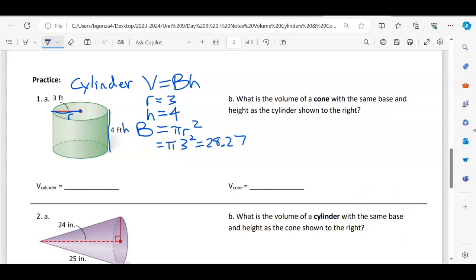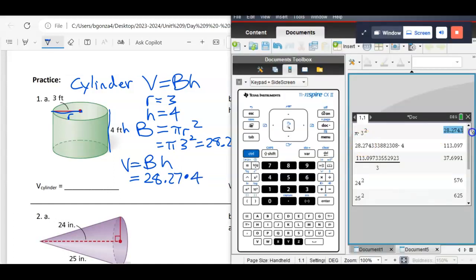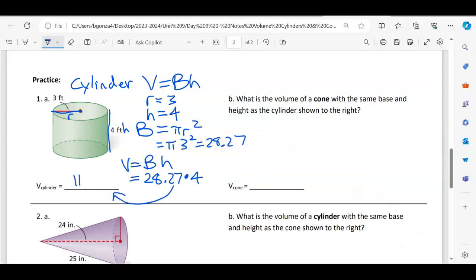I know my r, my h, and my B, so now I can do the volume formula, which is capital B H. So I'm going to do 28.27 times the height, which is 4. I did that earlier, and I got 113.097, which rounds to 113.1.